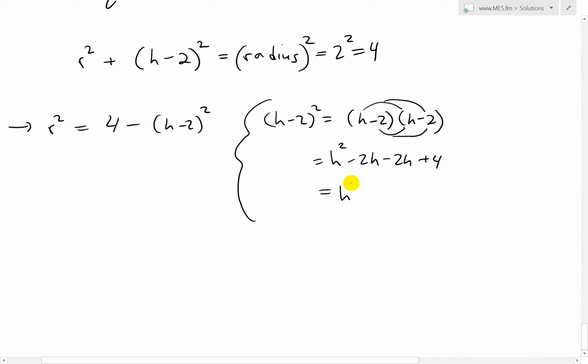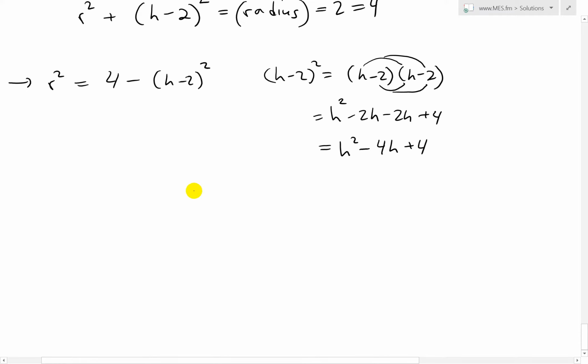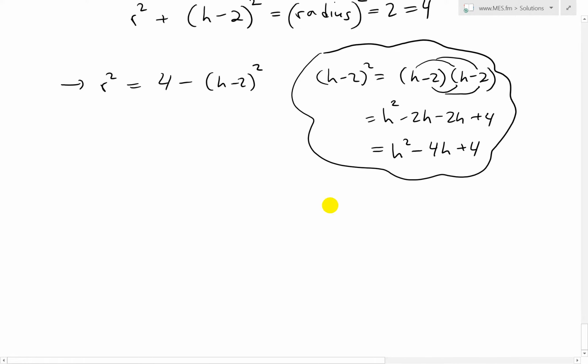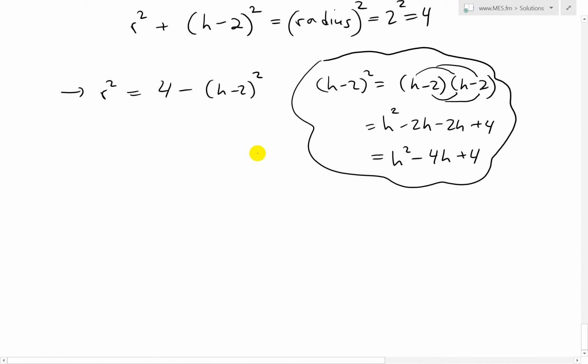This equals h squared minus 4h plus 4, as a side calculation. Now we can throw this inside, so r squared equals 4 minus, and because it's a minus, we put a negative sign in front of each term: minus h squared plus 4h minus 4. As you can see, the 4's cancel.